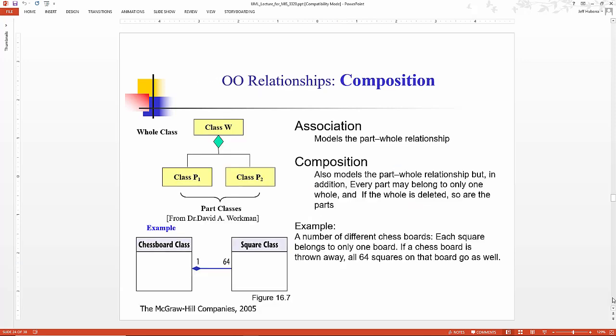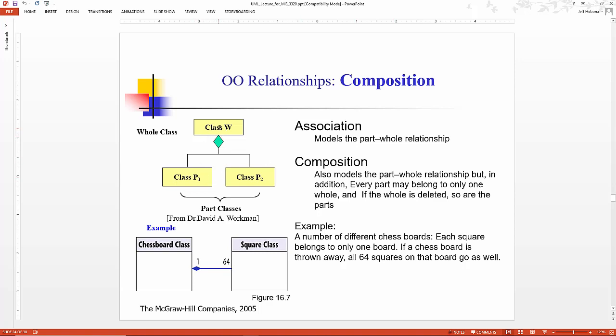There are two specialized types of relationships in class diagrams: composition and aggregation. So composition is a whole part relationship, and it has some special characteristics. A part may only belong to one whole, and if the whole goes away, the parts go away.